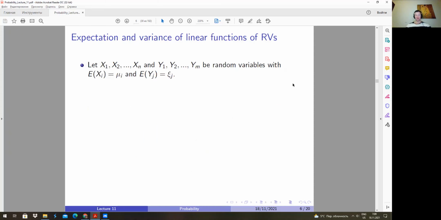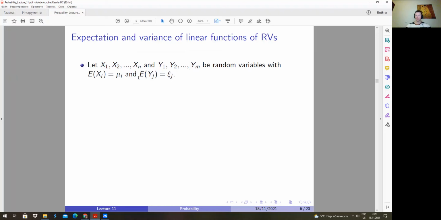So now let's move one step further and discuss how we can calculate the expectation and variance of linear functions of random variables. So suppose we have 2 random vectors. One random vector of n variables x, and another random vector of variables y from 1 to m.